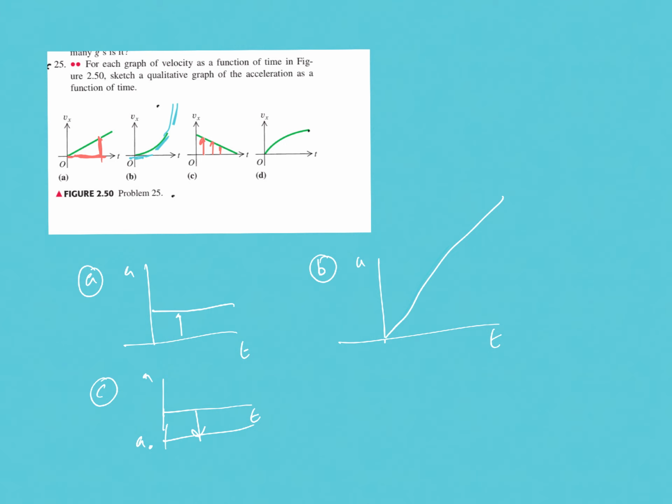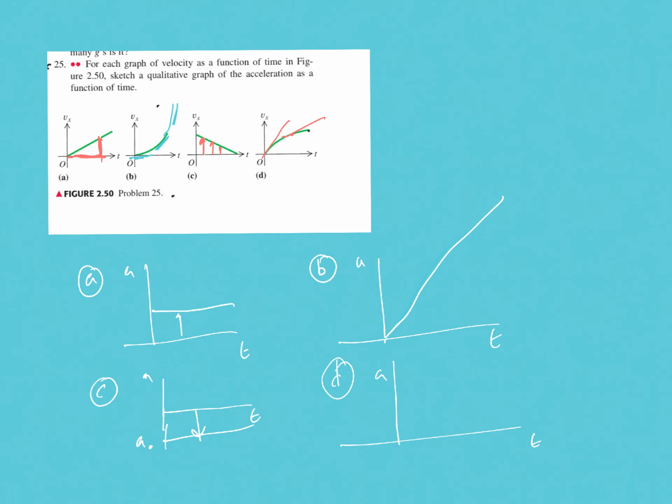While in the other graph, D, the slope of the graph, that is the acceleration, goes from being positive and big to being positive and smaller.